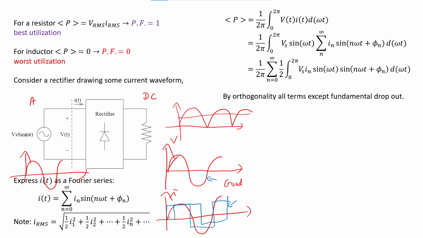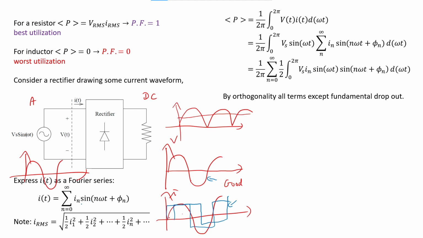So this is called distortion. If you have a pure sine wave, you don't have distortion, right? Because we refer to the voltage, and the distortion can be interpreted by the higher terms of the Fourier series.